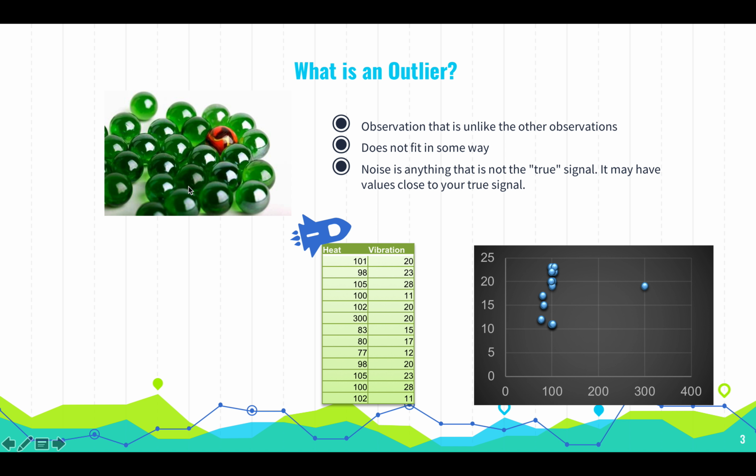So I think now you can clearly distinguish between the outlier and the noise.